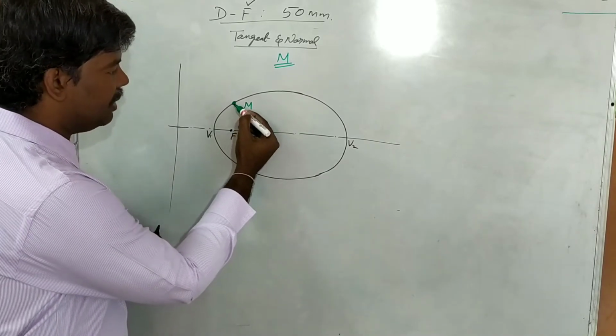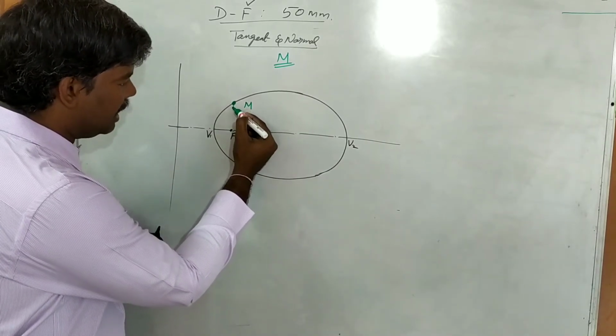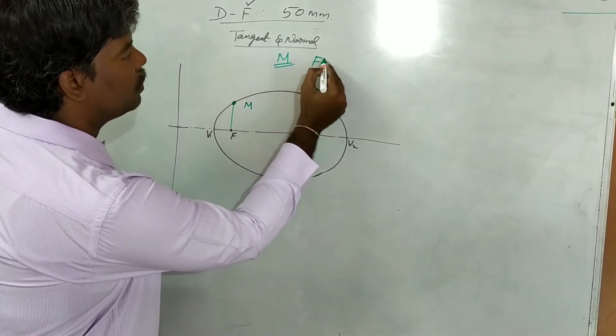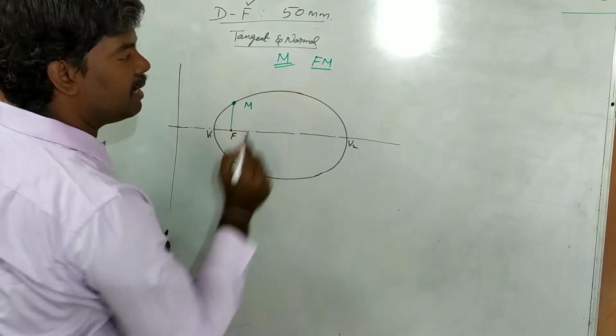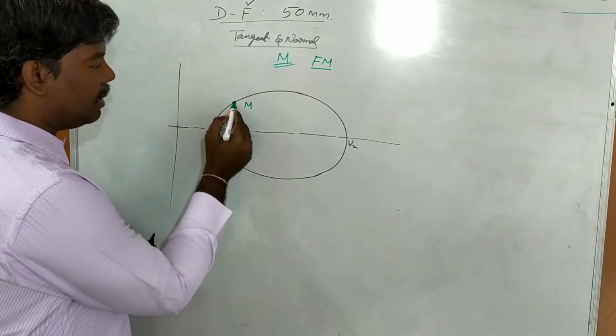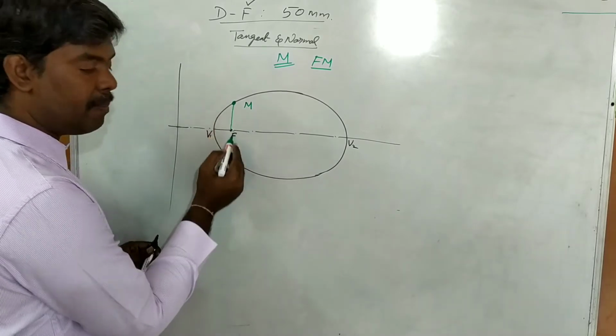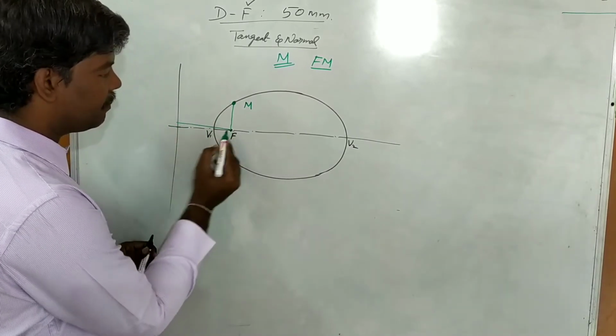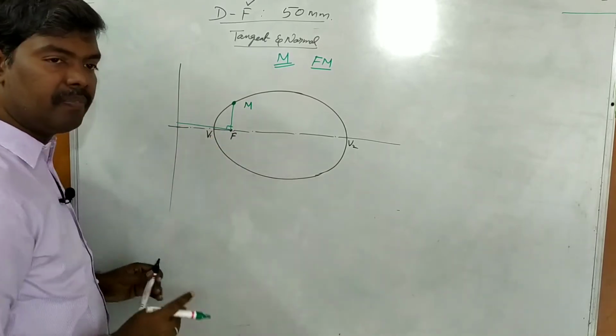So first, very simple. You join F and M. So FM you join it, a line FM. After that, take the drafter scale, place one scale coincident on that FM line. By using another scale, you draw that perpendicular line, okay, from F.